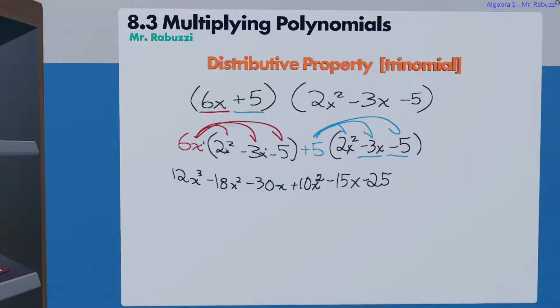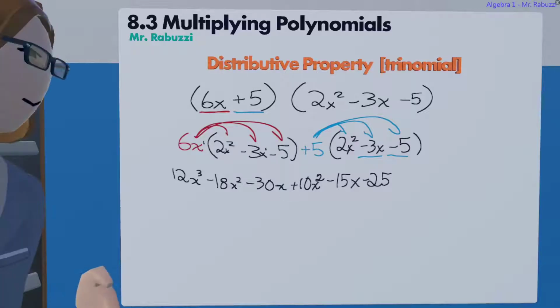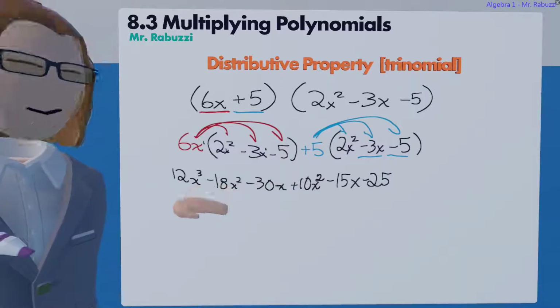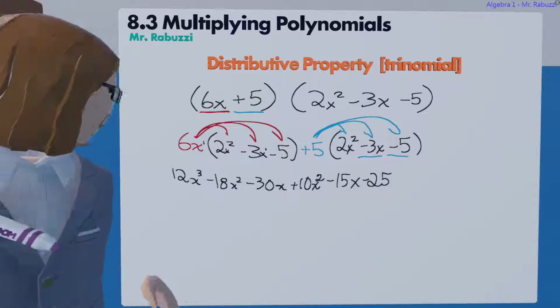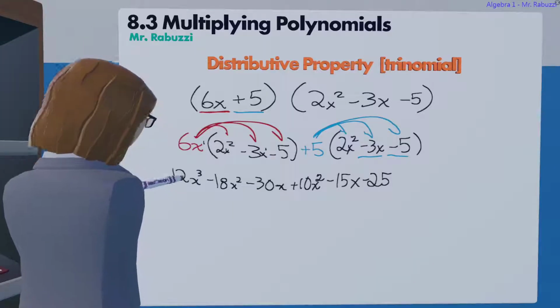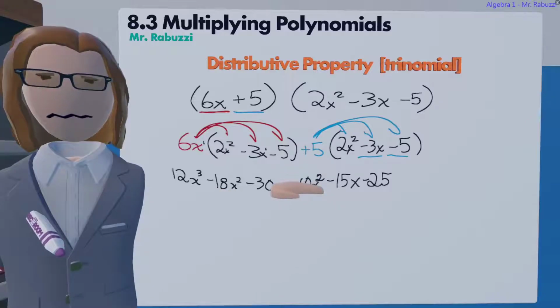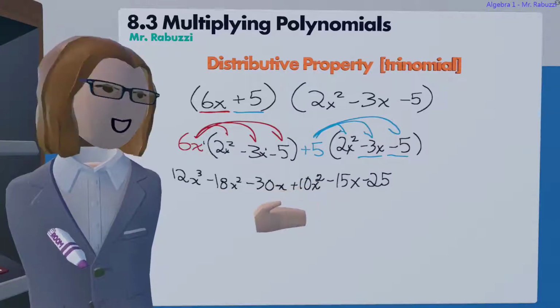Now we need to make sure we can finish combining anything. Well, I see an x cubed term. Is there any other x cubed over there? No. So this guy's finished. Check. X squared term. Is there another x squared term? Yeah, right here.